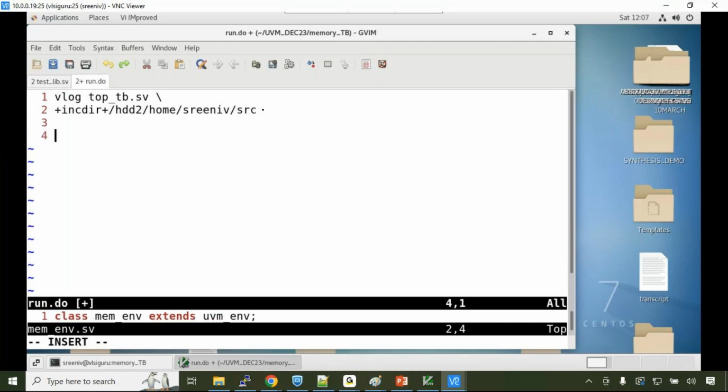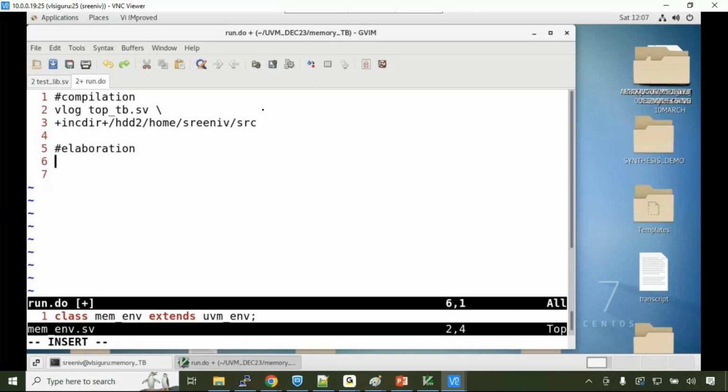Once that is done, after compilation, what is the next step we do? Which command do we use for that? vsim hyphen no vopt hyphen suppress, then top underscore tb.